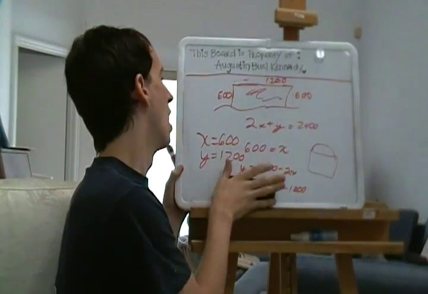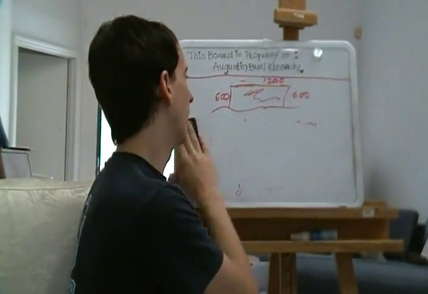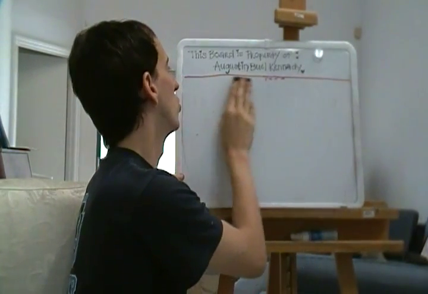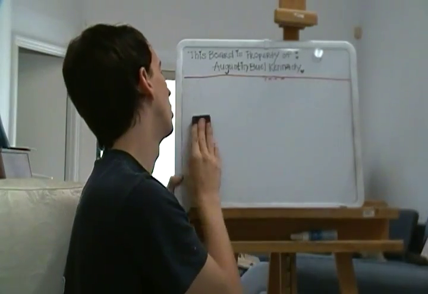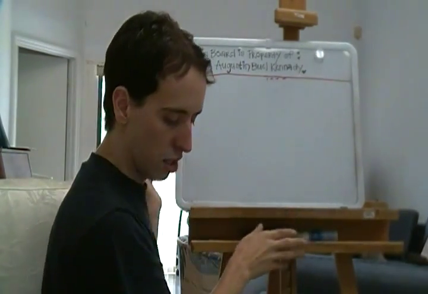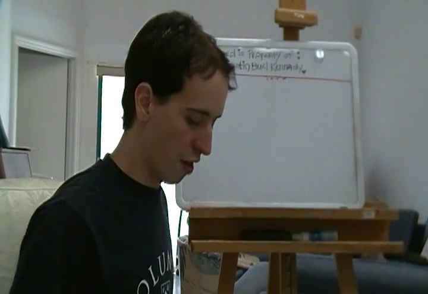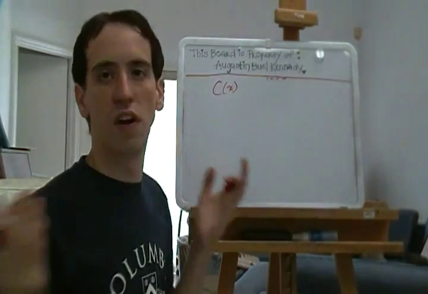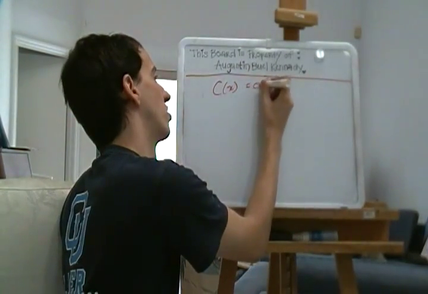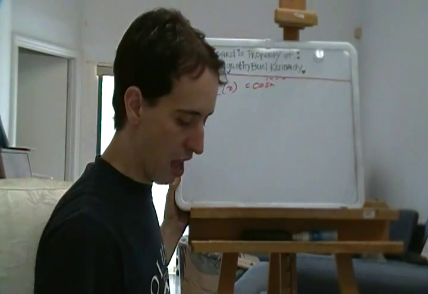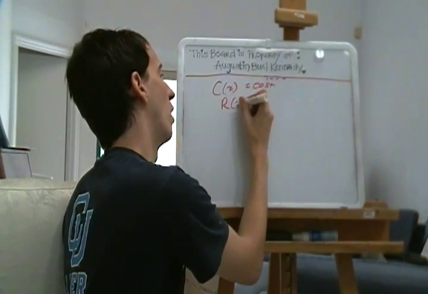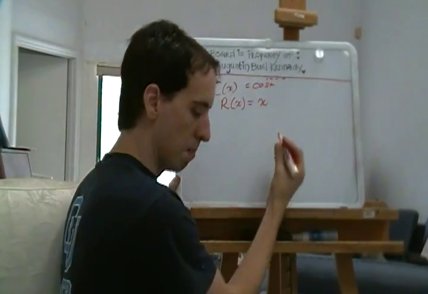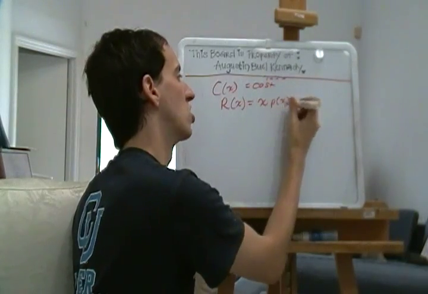There you go. Now, there's one more example I'd like to do, and that's an economics/business example, which is really nice if you want to make a lot of money or make your boss really happy one day. A couple things to know ahead of time. First, we have C of x. That's the cost function. C of x equals cost. Then we have R of x. This is called the revenue function. This is x, how many units, times P of x, which is the price.